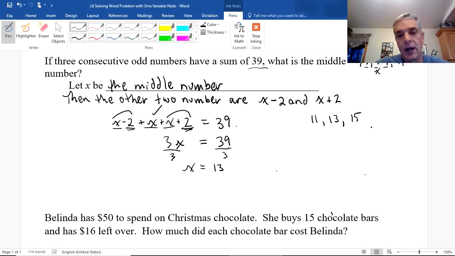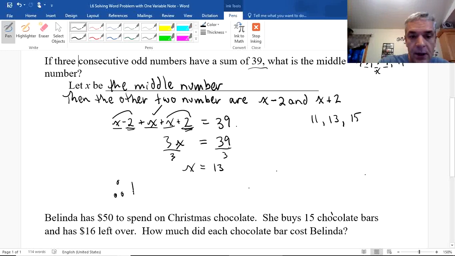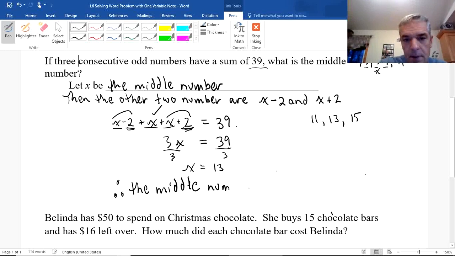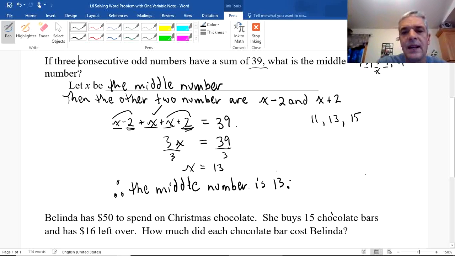And then what's next is that I'm going to write a concluding statement, and that concluding statement would be, therefore, the middle number is 13. I probably can get away with just making that statement because the middle number is 13 is what they asked for. I always tell students, look back at what they asked for in the question.